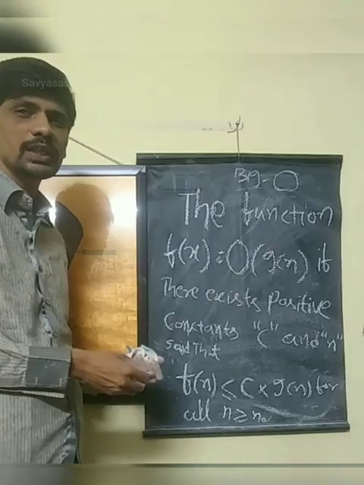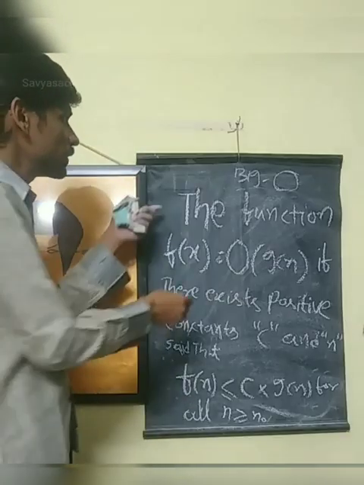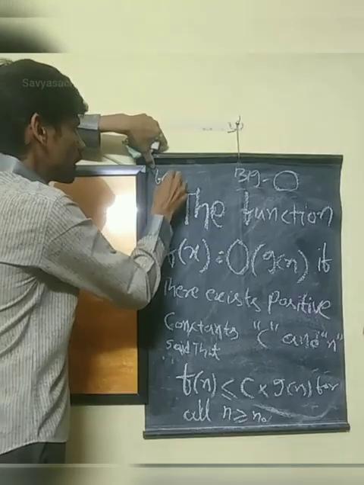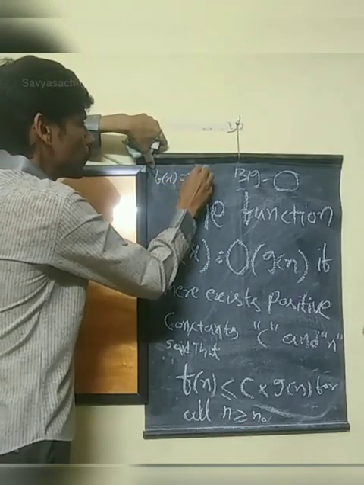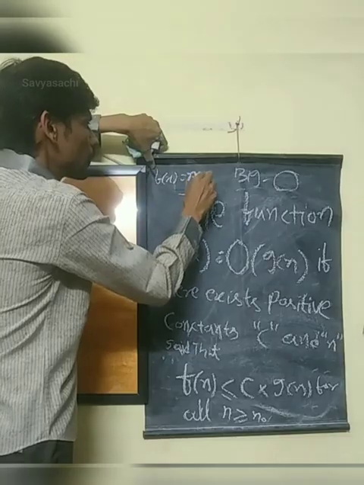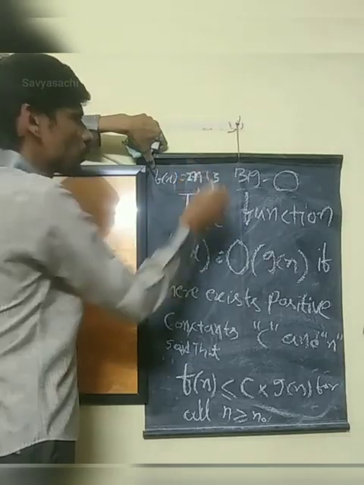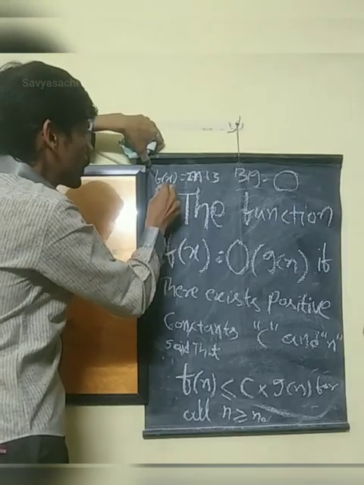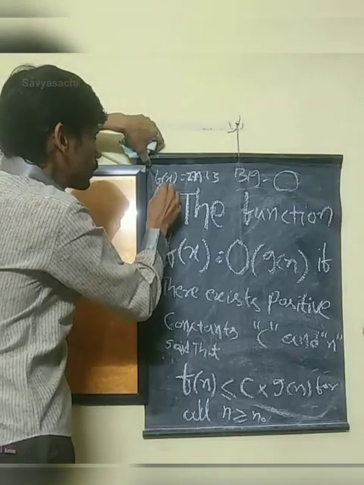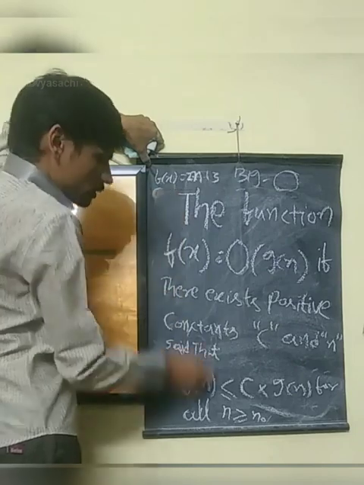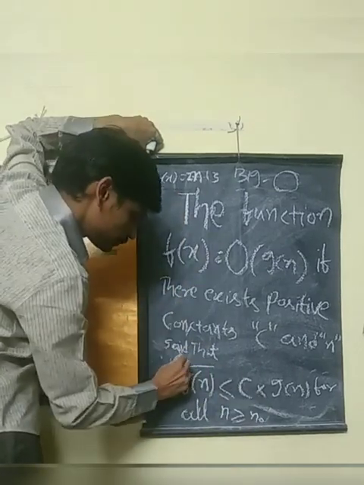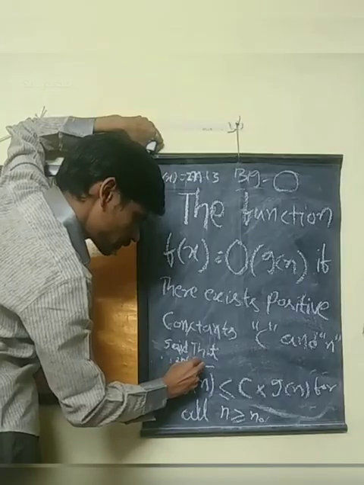So in our previous case, based on this, what is our f of x? f of x equals 2n plus 3, right? Previously we drew that line. So this f of n is 2n plus 3. I will write here 2n plus 3.